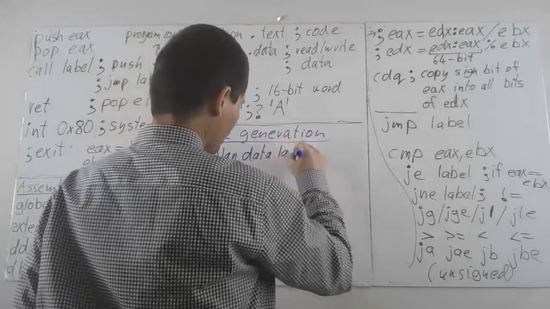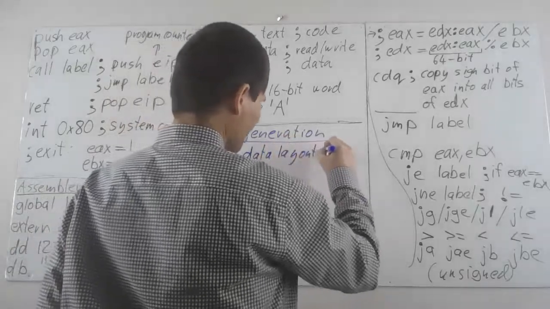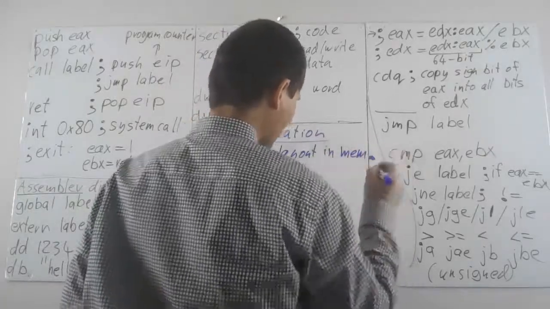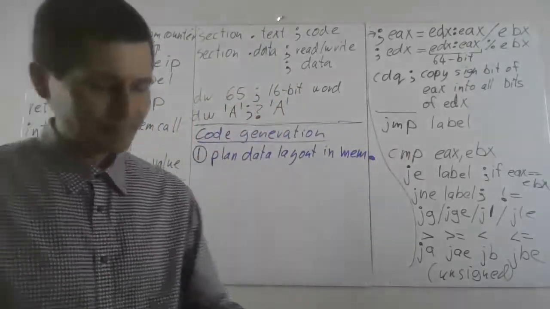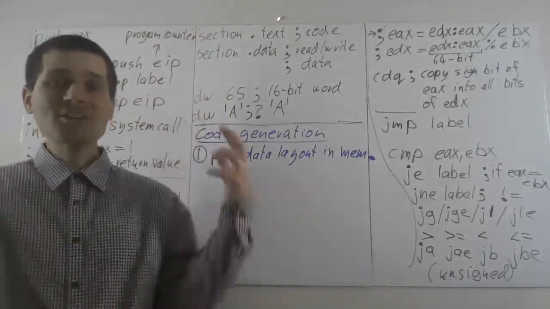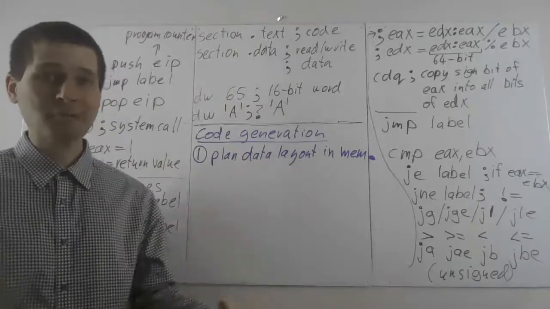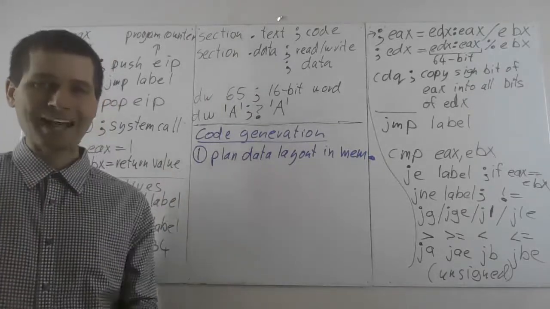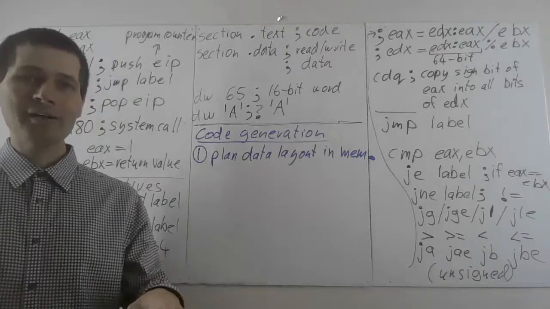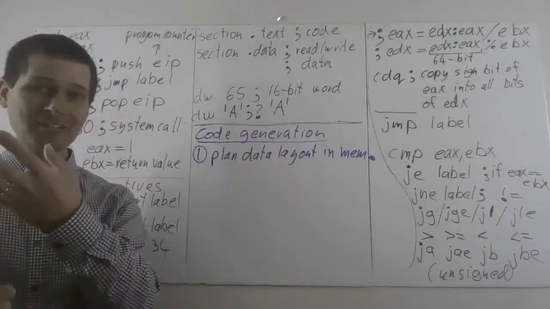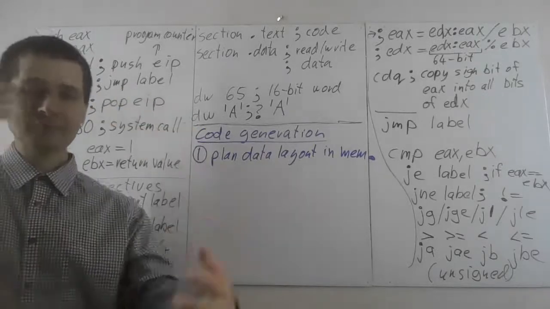So plan data layout in memory. This is really important, and it's especially important for your group to agree: where do I find the value of variable X? Or, if I create an object of some class, how are the fields arranged?